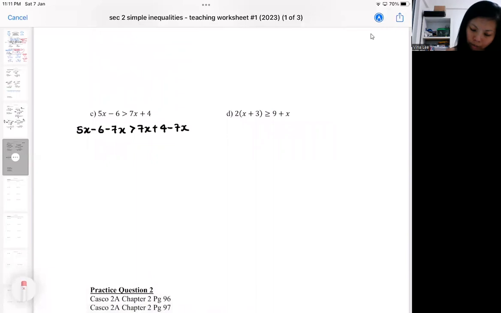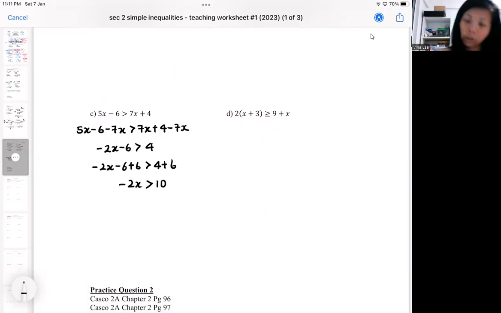When you do that, you get -2x minus 6. And you can add 6 on both sides. All these, the sign doesn't change. Until right now, you need to divide by -2.